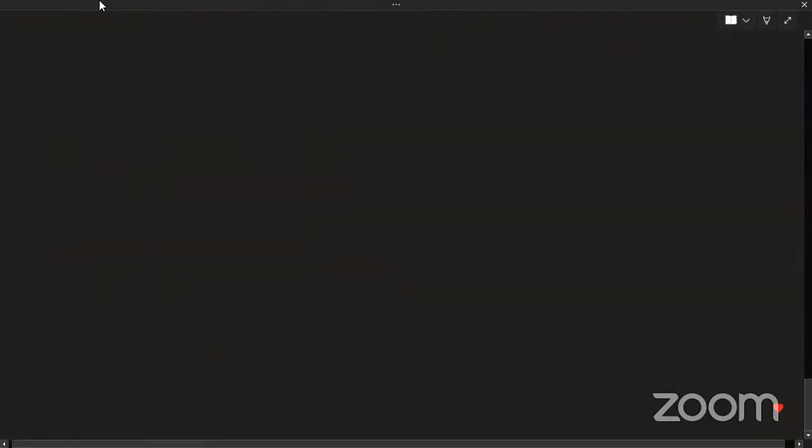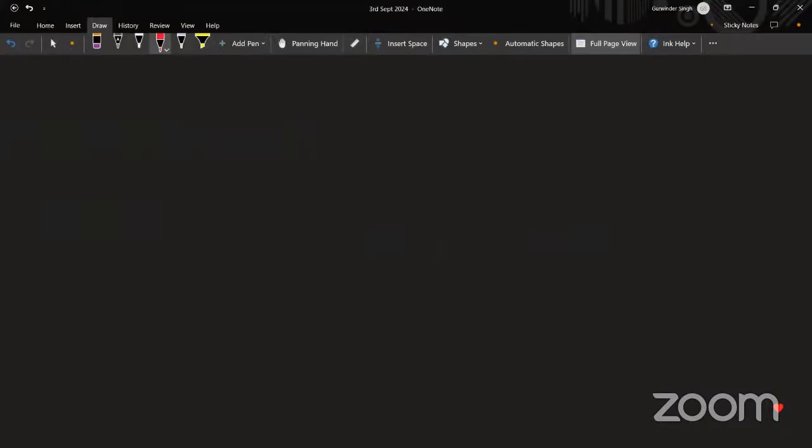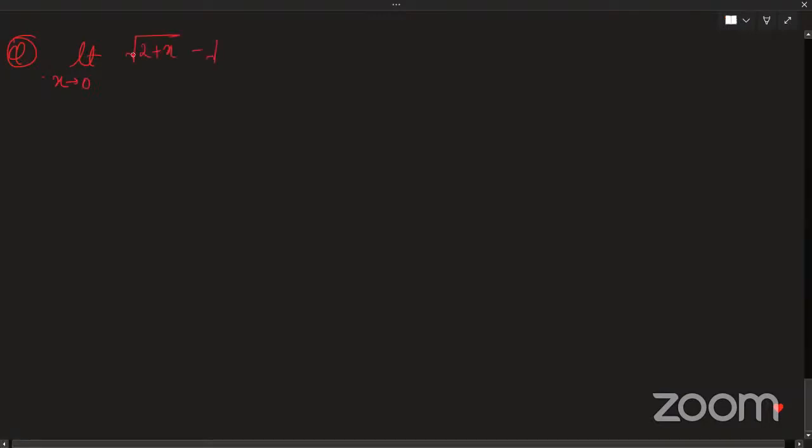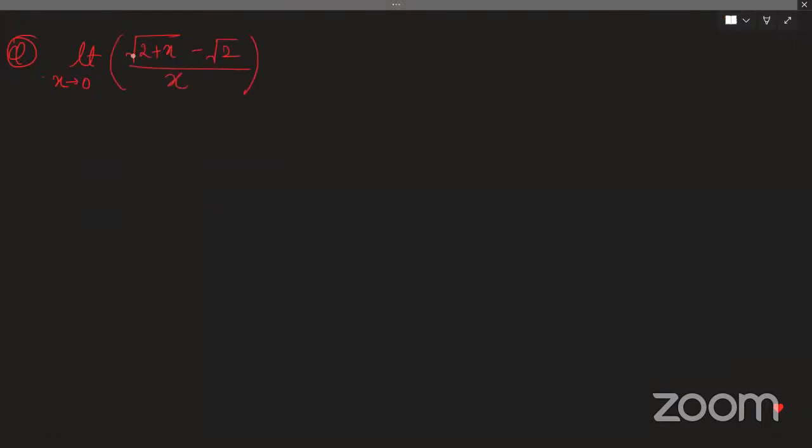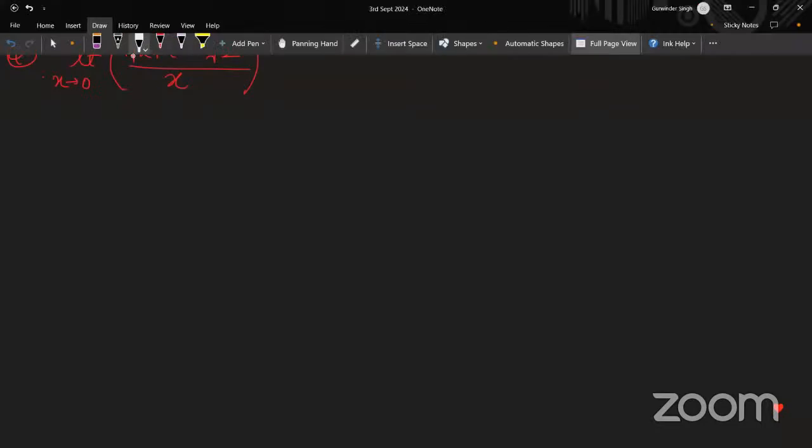Okay, great. So just one more question about factorizing, then we'll be moving ahead. We have limit x tends to 0 of root 2 plus x minus root 2, divided by x. Is this in the 0 by 0 form?